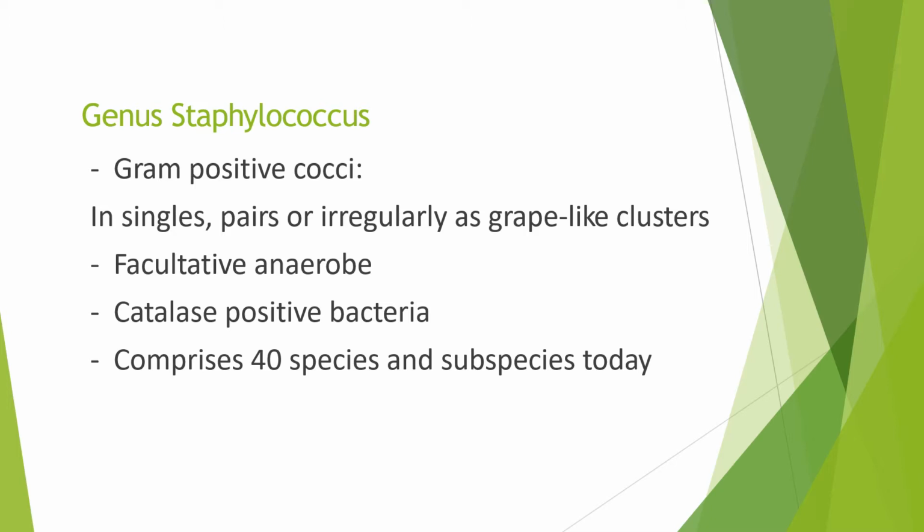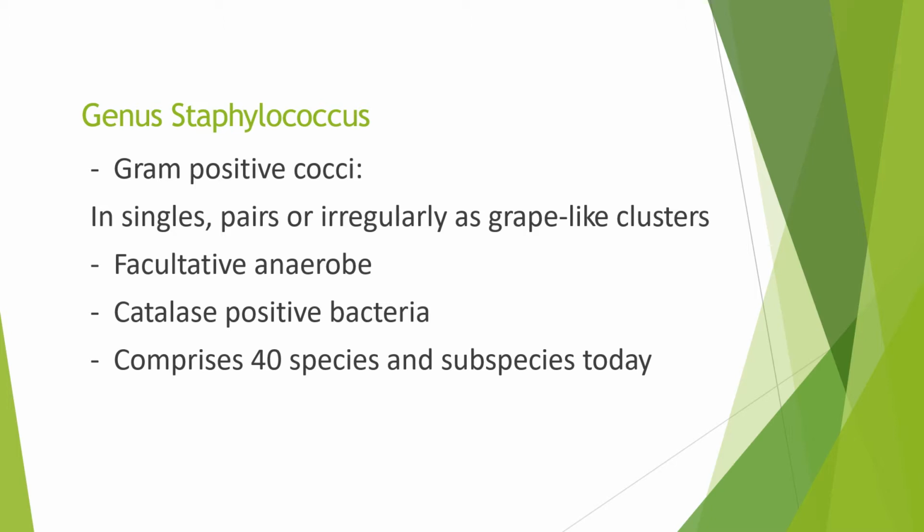In gram staining they are arranged in singles, pairs, and irregularly as grape-like clusters. Not only grape-like clusters, they can be seen as pairs, two cocci together, or single cocci in gram staining.